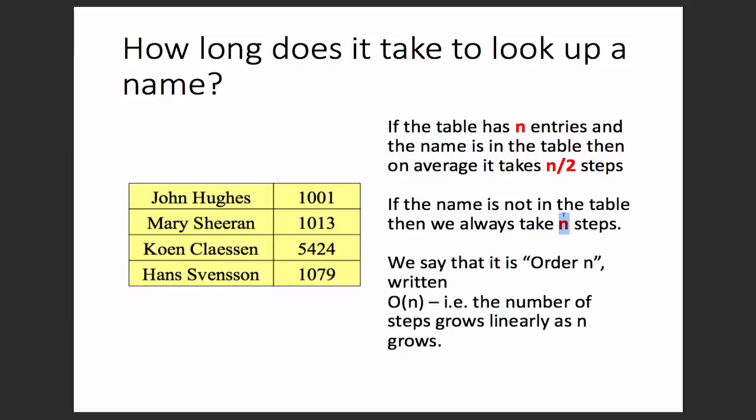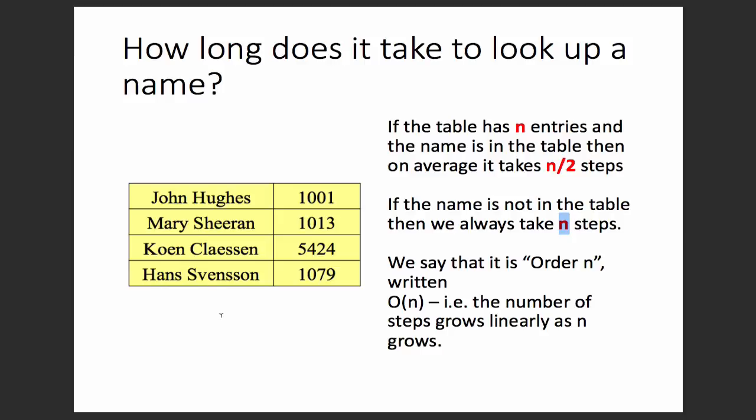But those constants don't matter. Point is that as your table gets bigger, it grows linearly. So if we have, say, 1 million elements in the table, then we're going to take on the order of 1 million computation steps or 1 million comparison operations on average to find the thing we're looking for.